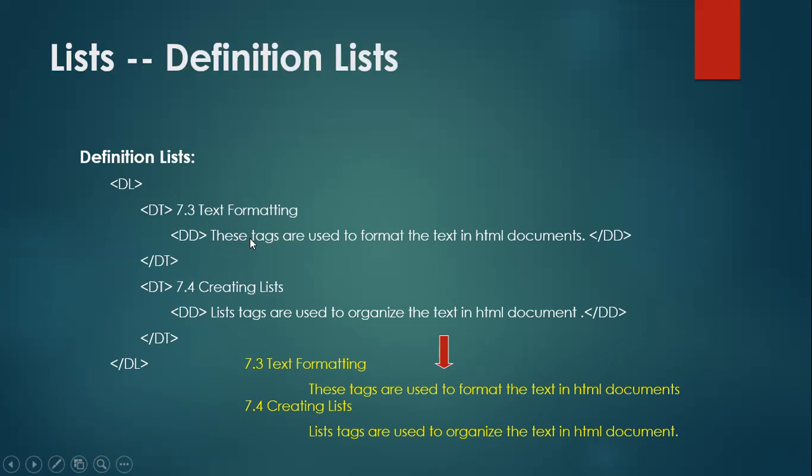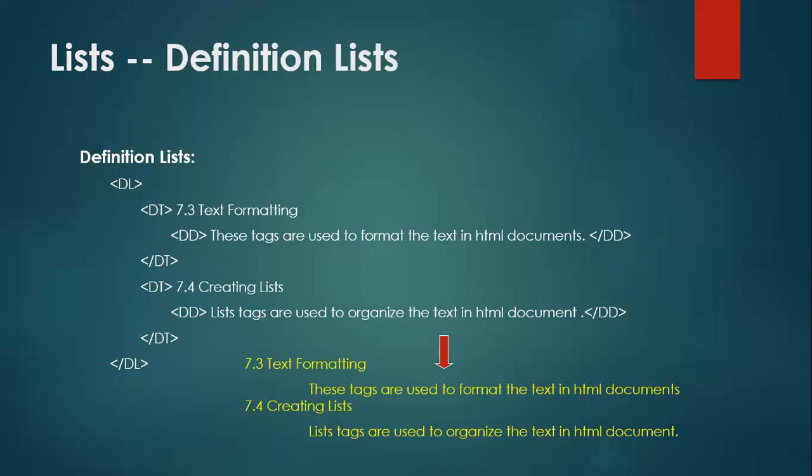And these tags are used to format the text in an HTML document. This is like the definition of text formatting. So the data definition is given in the pair tag of DD, starting tag, closing tag. And this is your definition of the first data item. Here, after the definition closing, DD, DT is also closed.